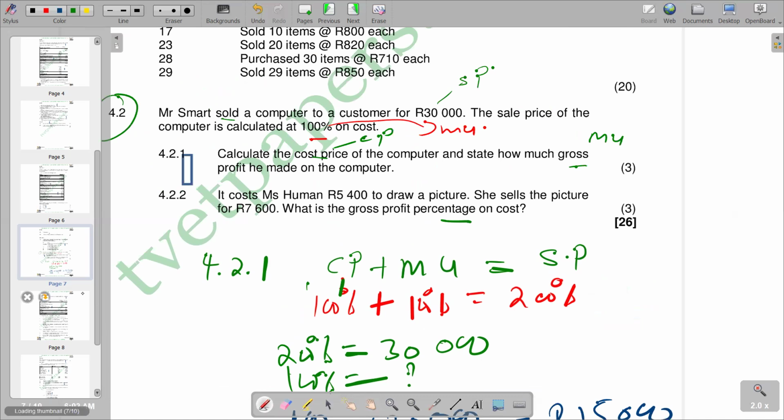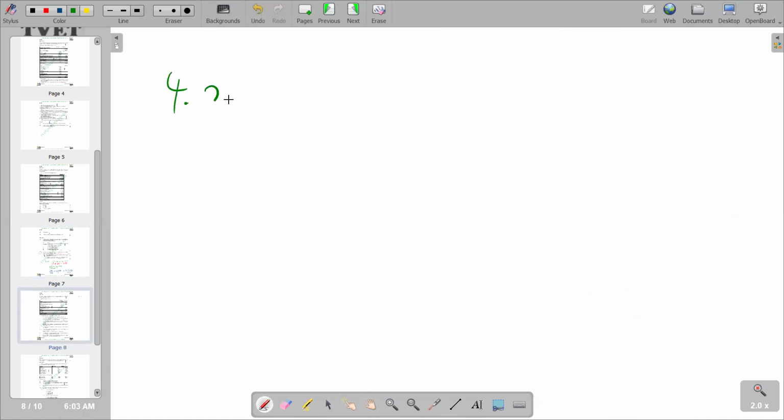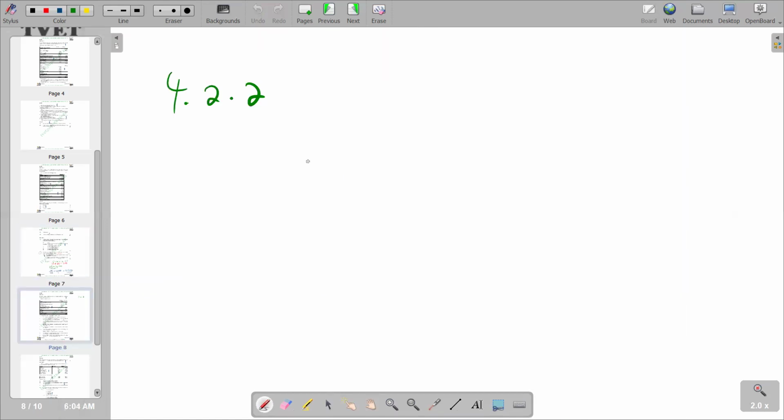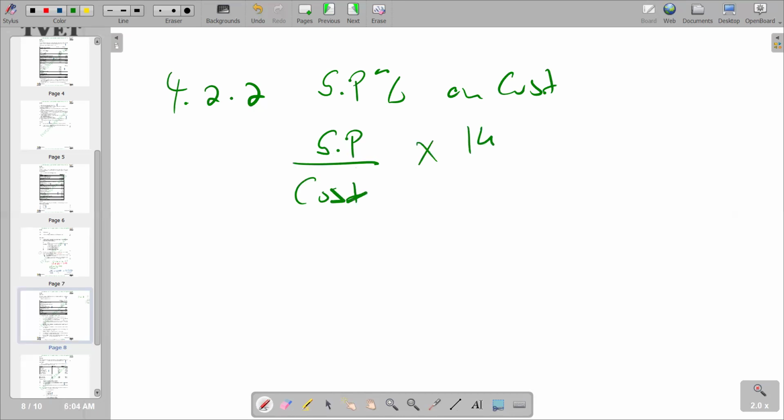So 4.2.2: the figure we want to calculate is the gross profit percentage on cost. It is our gross profit over our cost, times 100 over 1.